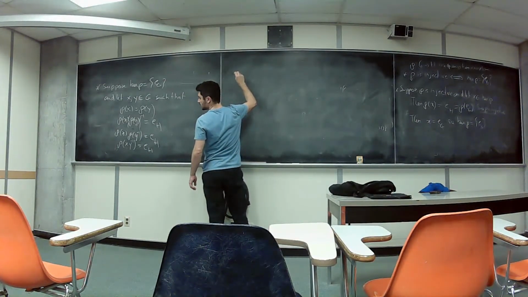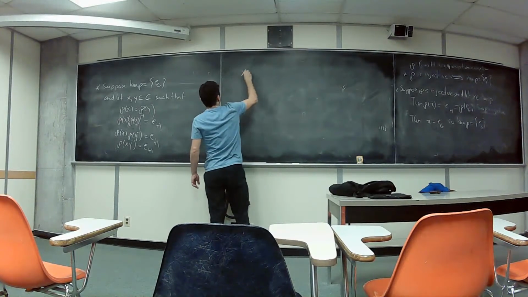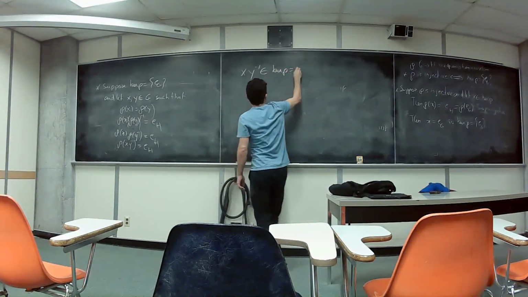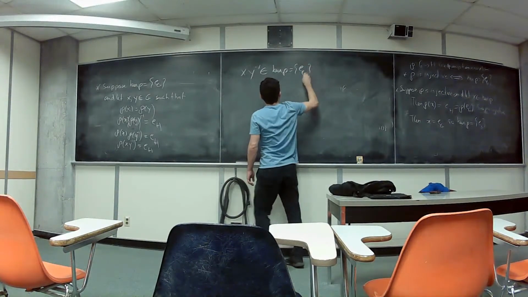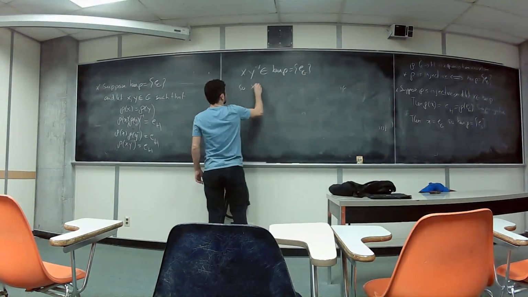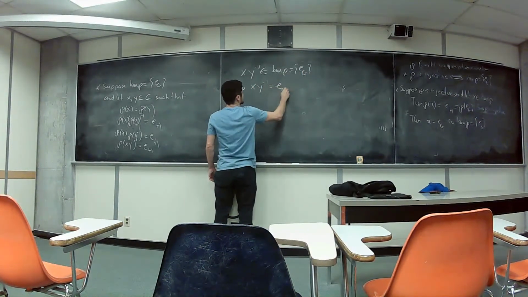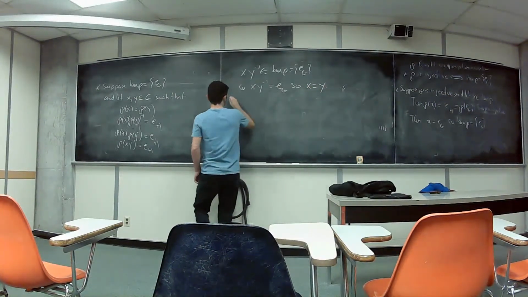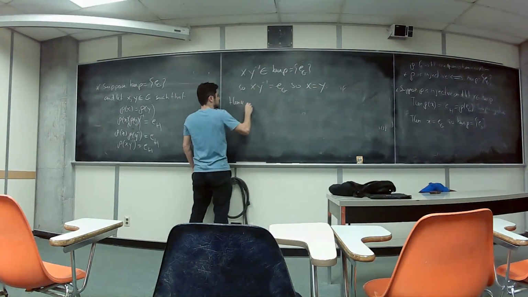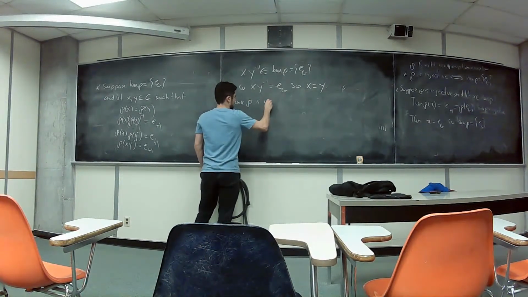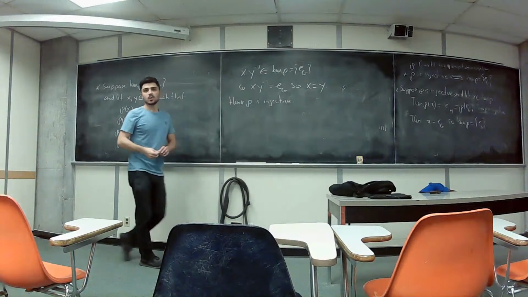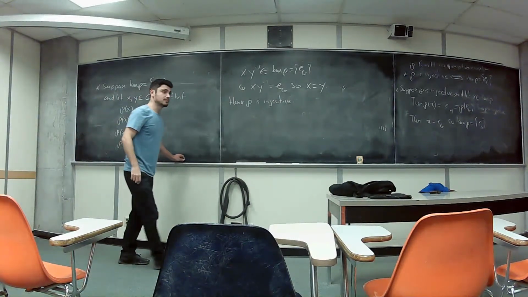This implies that XY inverse belongs to the kernel of rho, which is equal to EG. So XY inverse is equal to EG, hence X is equal to Y, hence rho is injective. Okay. Is it clear?